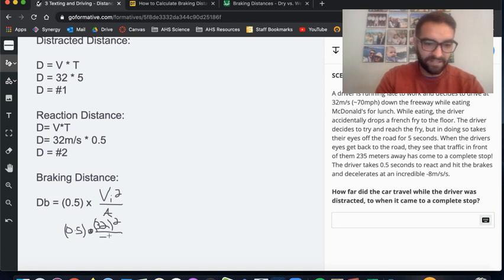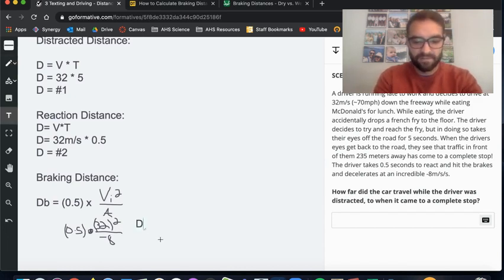Okay, is that -8? So then I can solve for this and get my distance while braking value, which will be our third number.